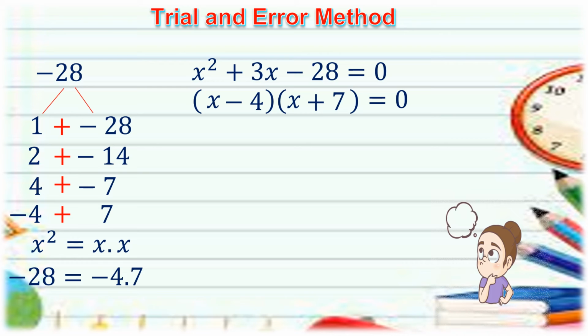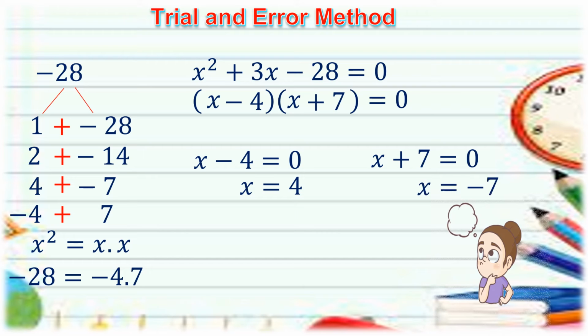Remember that it should be minus 4 and it should be plus 7. So equating this one to 0, x minus 4 is equal to 0 and x plus 7 is equal to 0. Transpose minus 4 to the other side, so it will become x is equal to 4, and then transpose 7 to the other side, it will become negative 7. So the roots of this quadratic equation are 4 and negative 7.